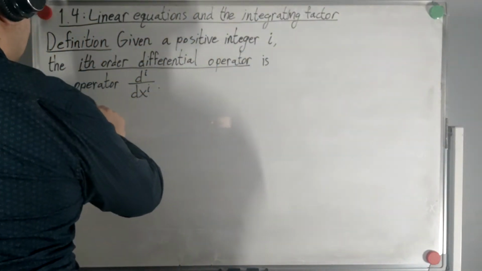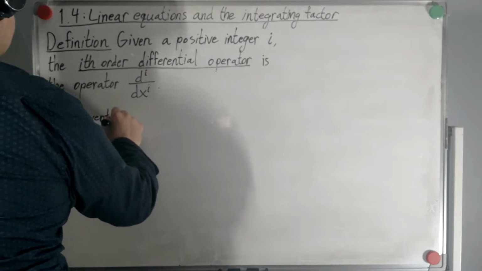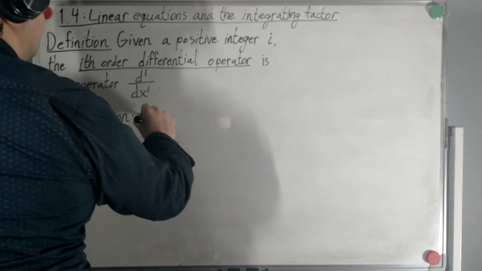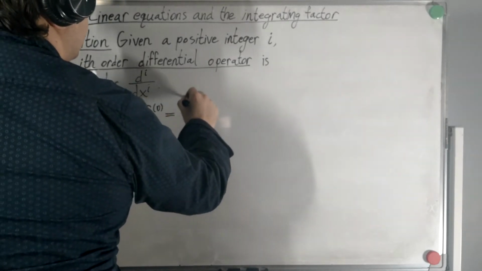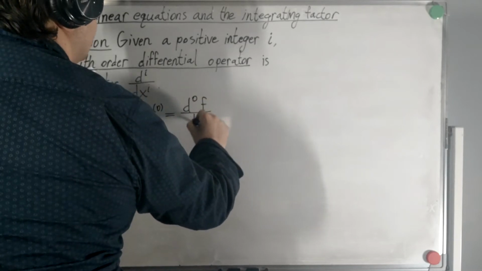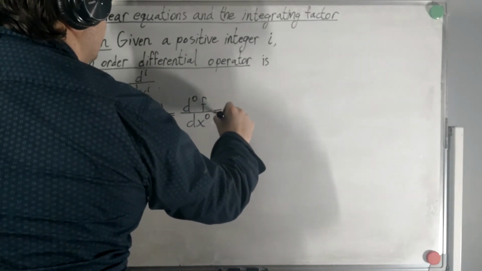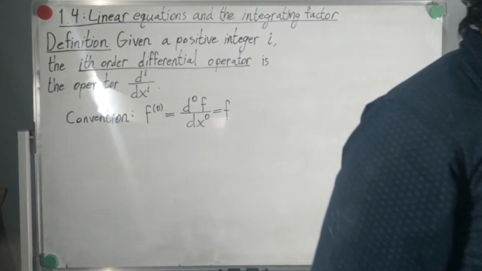And then also, let's establish the convention that the zeroth derivative of a function, which looks like d to the 0 f over dx to the 0, is just f. That's our definition of the zeroth derivative.